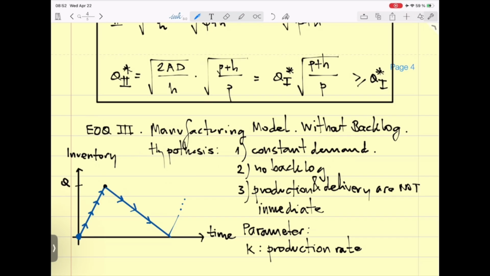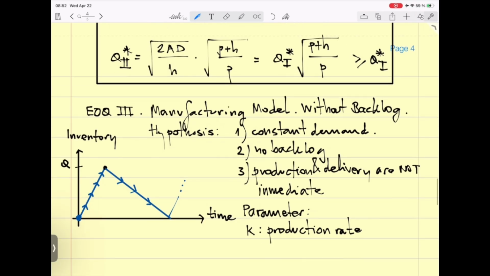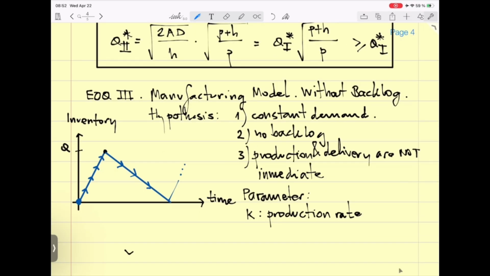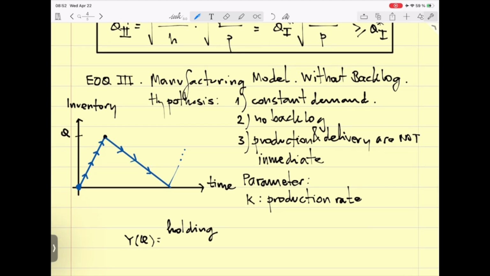So here again we have a function y of q equals the holding cost of inventory plus a setup cost plus a production cost.